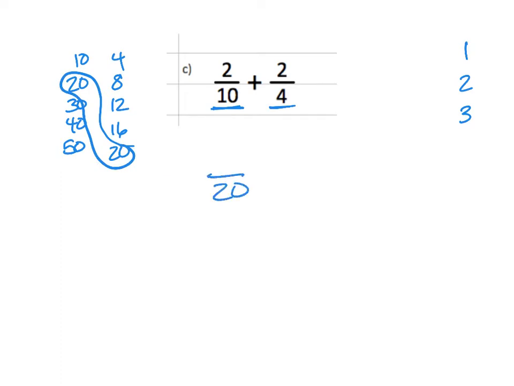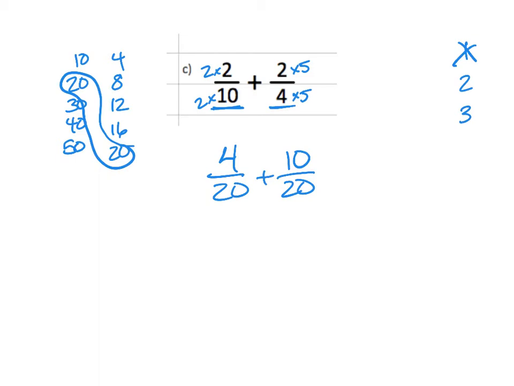There's my common denominator. But I'm also going to find equal fractions, equivalent fractions. I multiplied the 4 by 5, so 2 by 5 is 10. I did 10 times 2, so 2 times 2 is 4. Now I'm done with step 1.